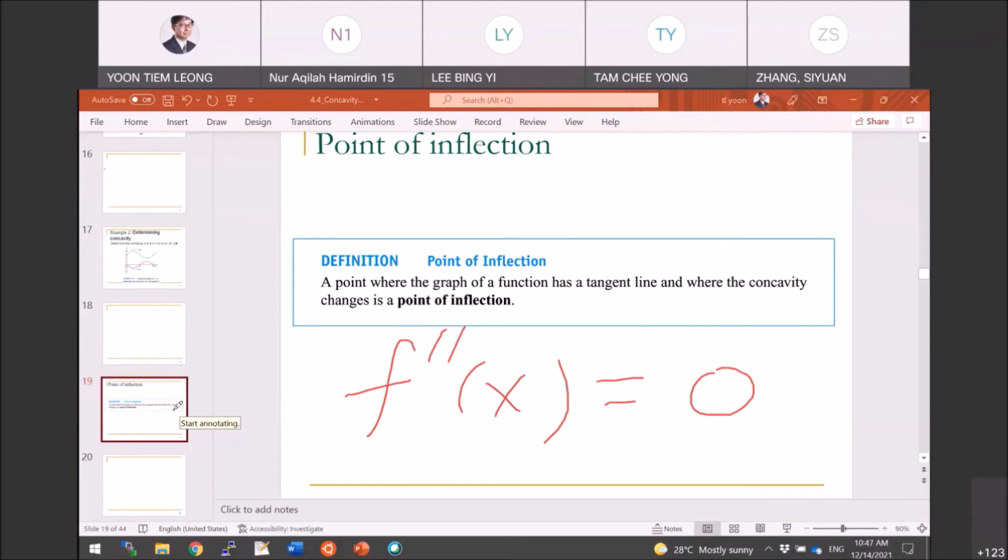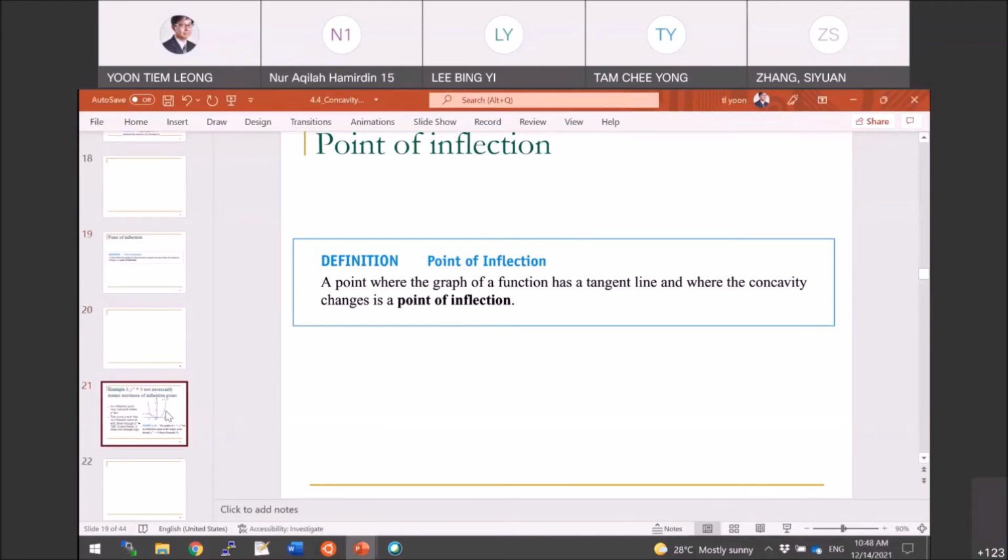So let me repeat again. One of the applications of inflection point is to let us decide what is the concavity of the function when you sketch it. So the identification of the location of the inflection point is important in the process of graph sketching.